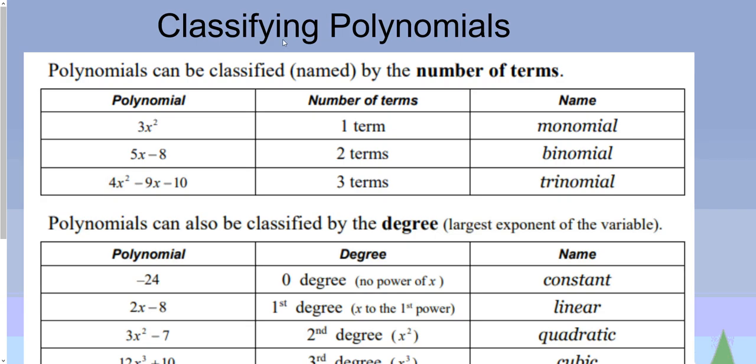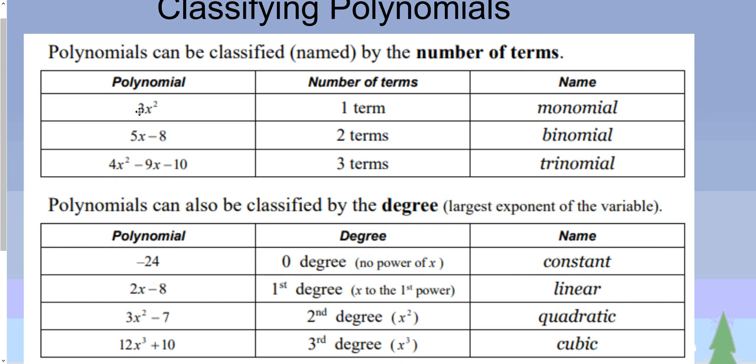Okay, so here's some examples of some polynomials, right? So 3x squared. 3x squared is a polynomial. It's one term, just 3x squared. And so we call that a monomial, is another word that we can use. Binomials have two terms. So keep in mind what a term is.